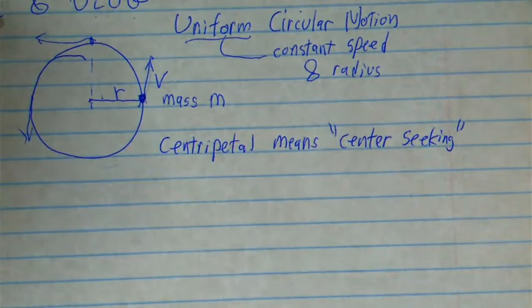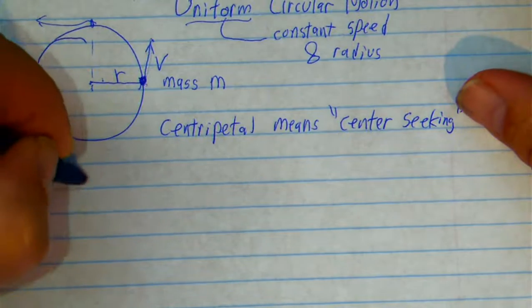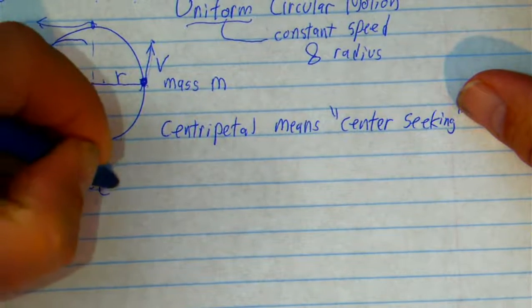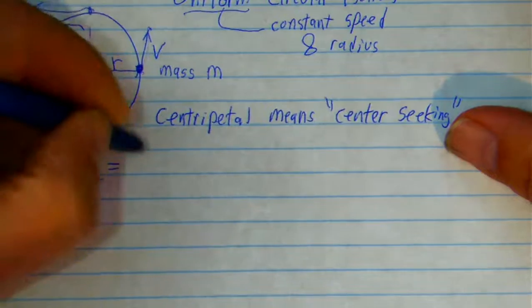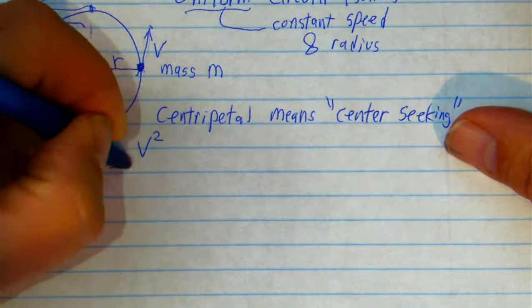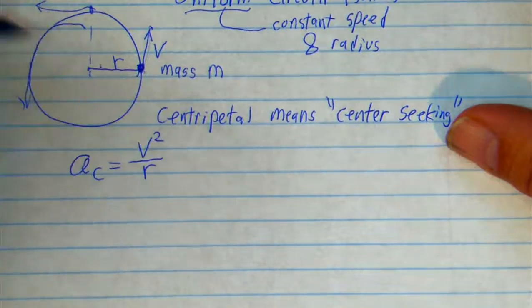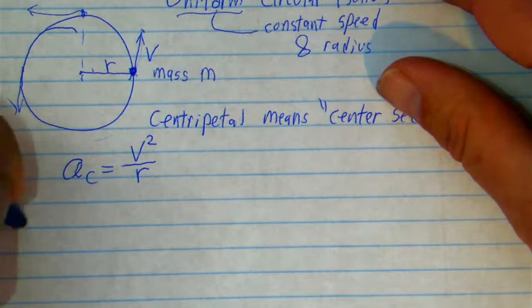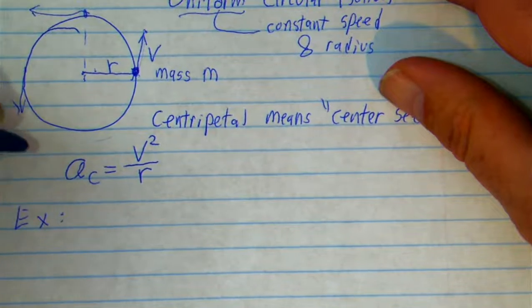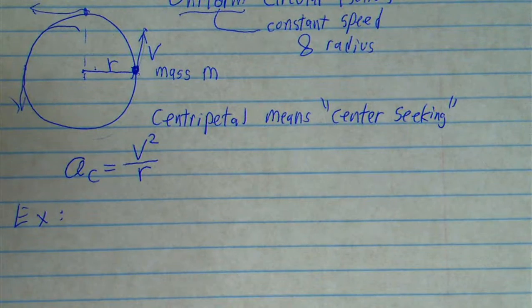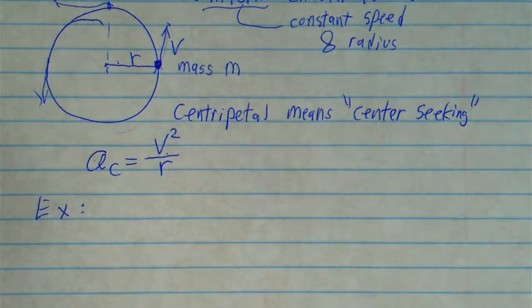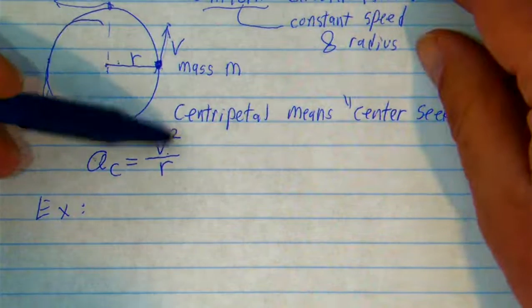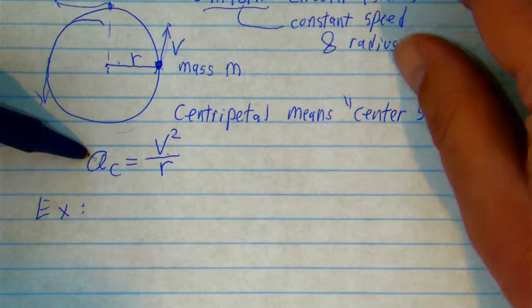I never did derive the formula for you, but here it is. Again, as a punchline, centripetal acceleration is your speed squared divided by r, the radius. As an example, per student request, any two variables we can solve for the third.